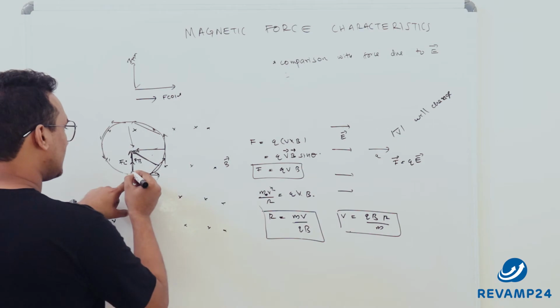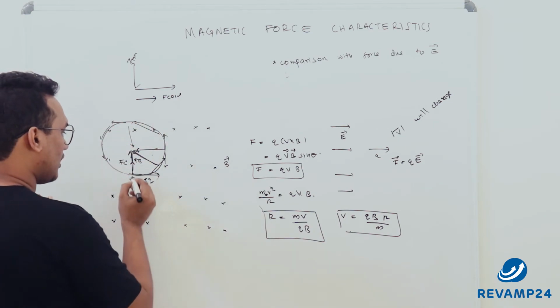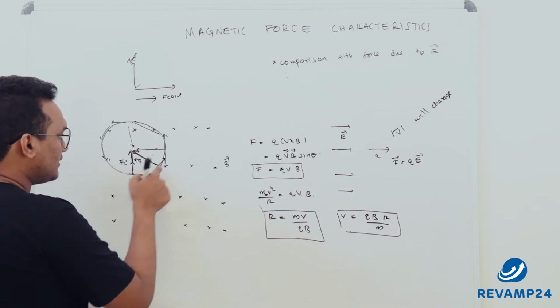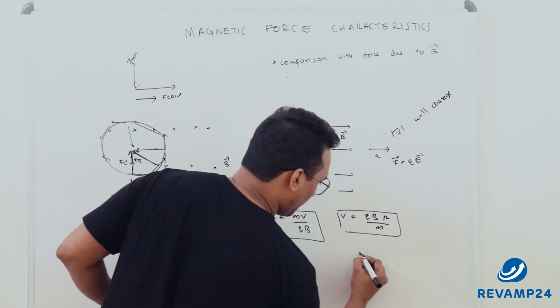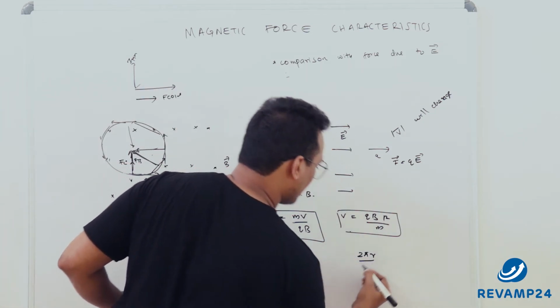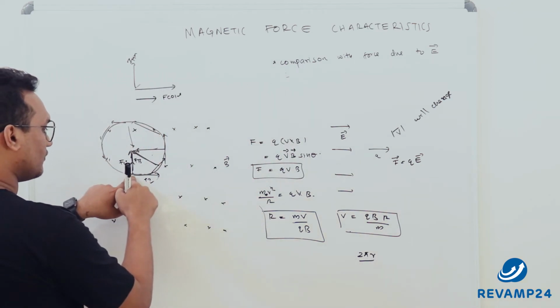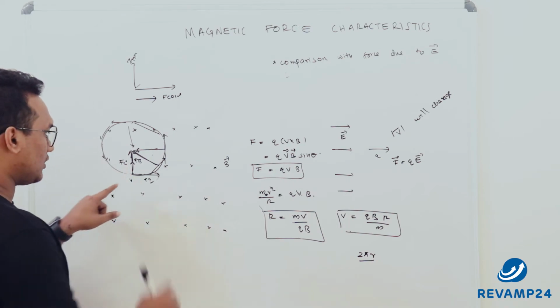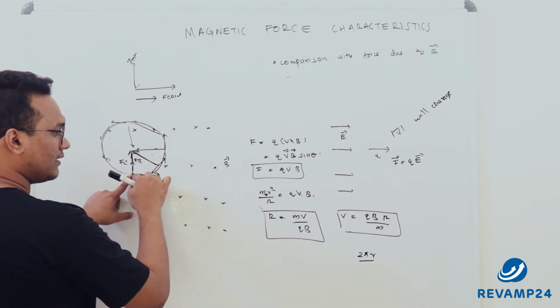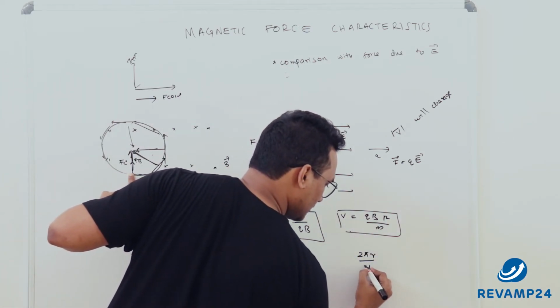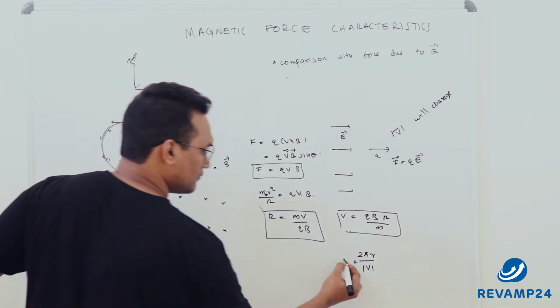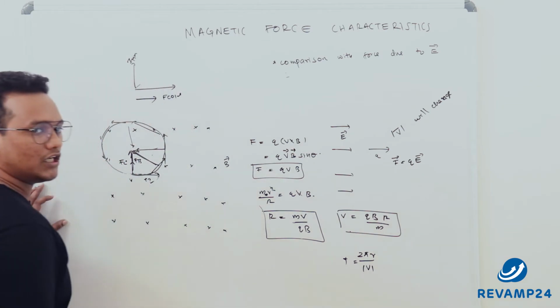So when it completes one revolution, what is the total distance it has covered? 2 pi r, right? That is the circumference. So 2 pi r distance has been covered with the velocity of v. We have the velocity value here. The total distance 2 pi r divided by the speed will give you the time.